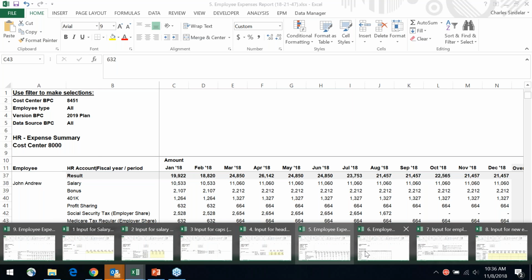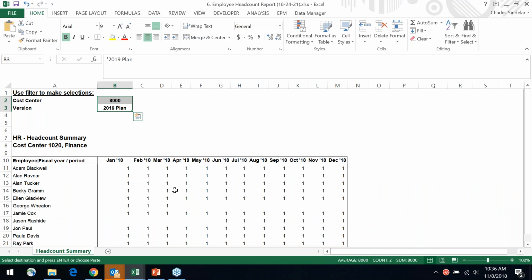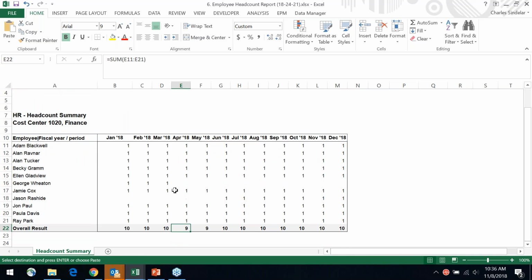Oh, we also have one more report. Everyone's always fascinated about how many people are in a department or at the company. So what we have here is basically a simple headcount report. This is a small one for this example. This is one cost center.